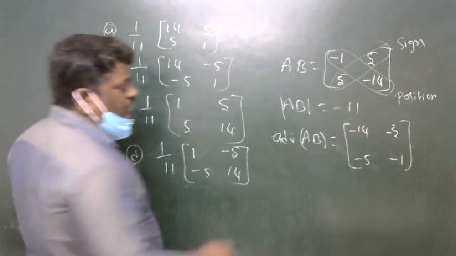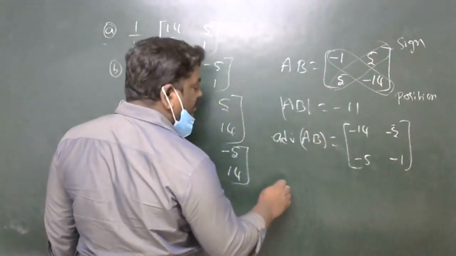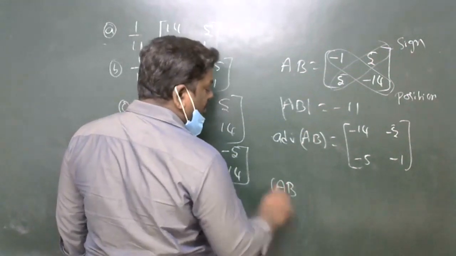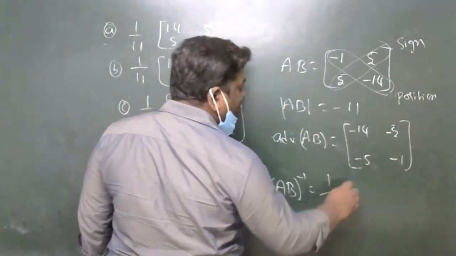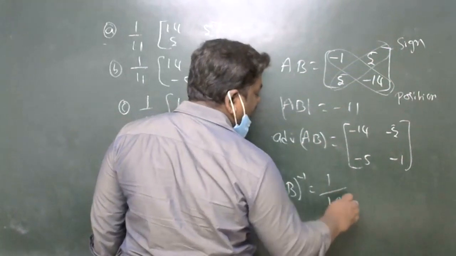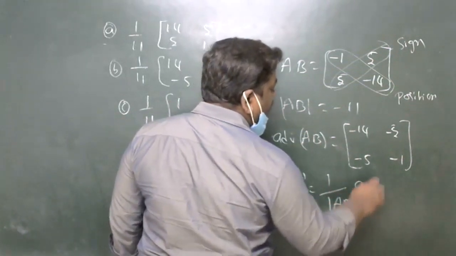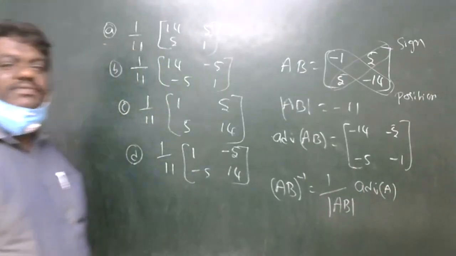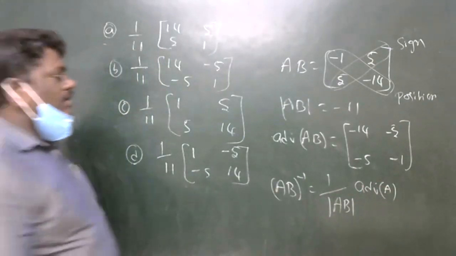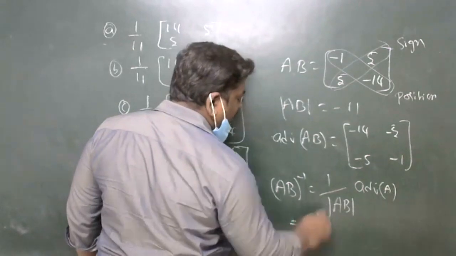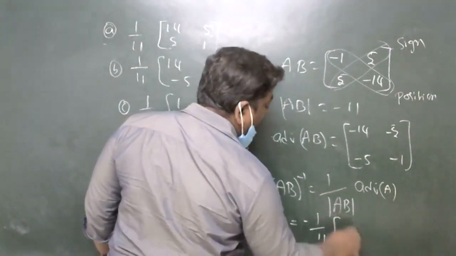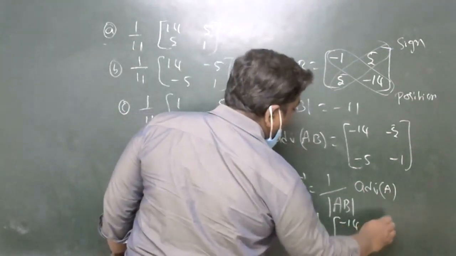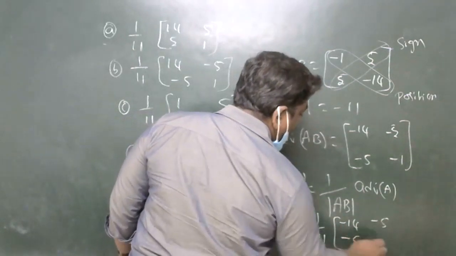Now you know the formula for inverse of any matrix. So AB whole inverse is equal to 1 by determinant of the given matrix into adjoint of that matrix. This is the formula for inverse. Okay. So you're going to get minus 1 by 11 into minus 14, minus 5, minus 5, minus 1.